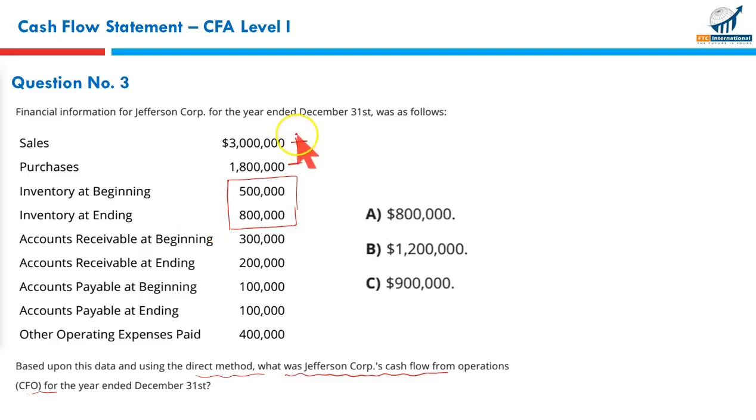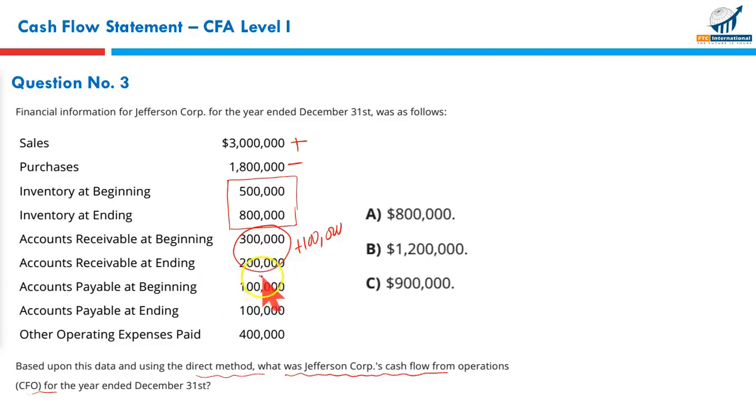So sales represents an inflow, receipt; purchase is an outflow. Accounts receivable beginning balance was 300, ending balance is 200. It means they would have paid us. The difference between these two, $100,000, represents the reduction in accounts receivable. So the reduction in accounts receivable over the period effectively is an inflow.